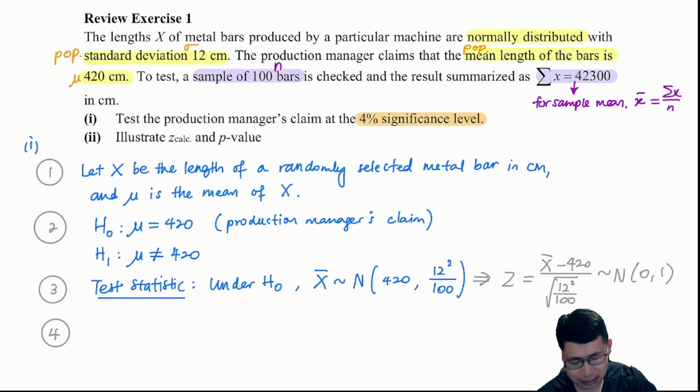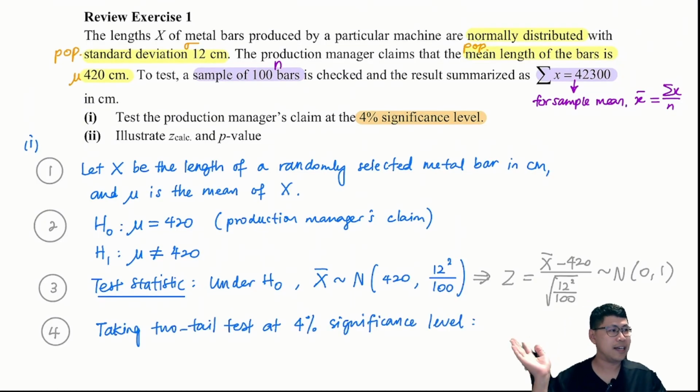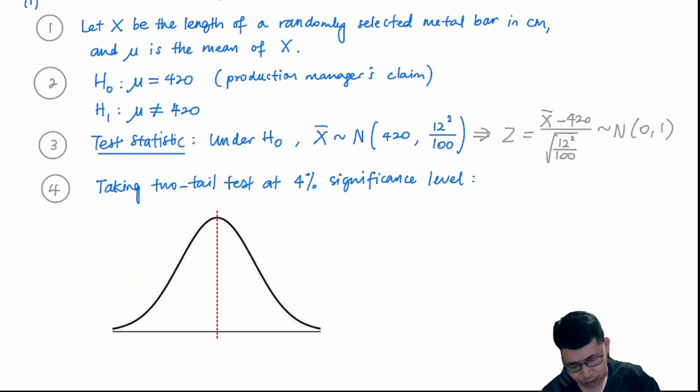So we will need to look at a two-tail test at the 4% significance level. Let's set up the graph as well. Setting up this graph would look something like this. I will need to look at the values of x bar, and I want you to also compare with the values of the z values.